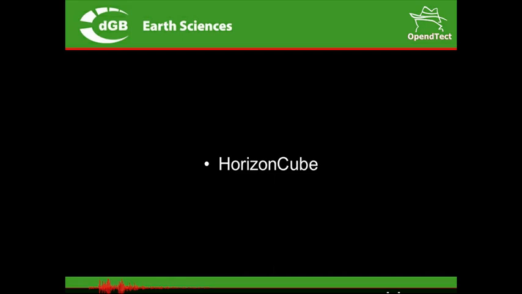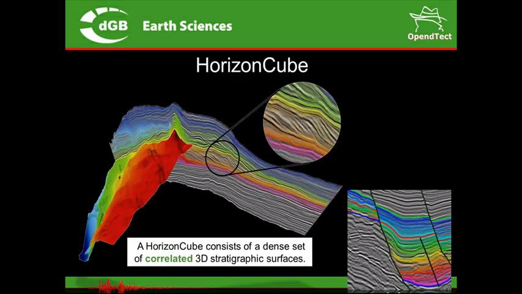In a few words, the Horizon Cube consists of a dense set of correlated 3D stratigraphy surfaces, and each horizon in the Horizon Cube represents a relative geological timeline. Horizons are created either in a model-driven way, like stratal or proportional slicing, parallel to upper, parallel to lower, or in a data-driven way, via a unique dip steering auto tracker.